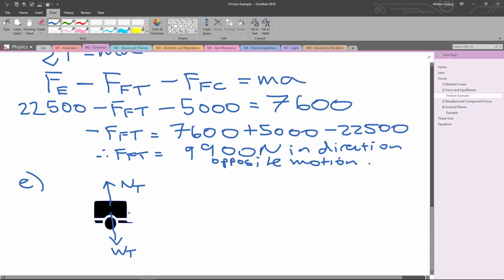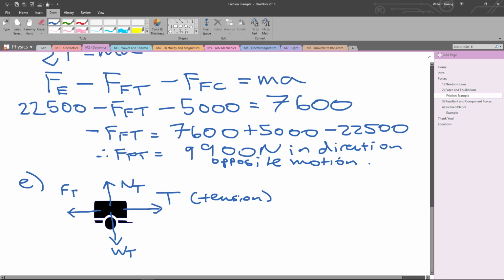That tension is being provided from the engine force, but we need to consider how much force is in the tow bar itself. So I'm going to put this as T for tension force, and of course you also have the friction force that we calculated previously.